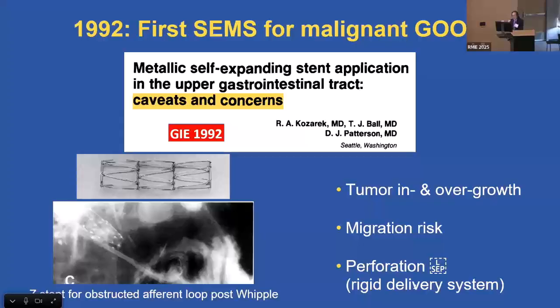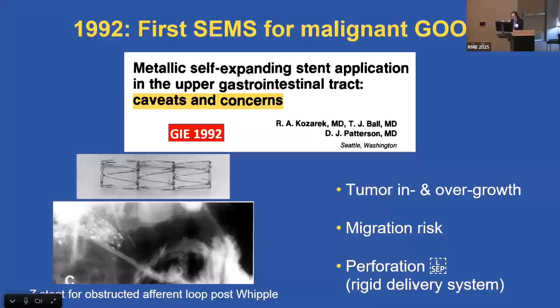As a fellow, I was able to do the first experiments in pigs, placing the Z-stent, which I constructed together with engineers at the Charles Dotter Institute at Oregon Health Science University. So this really brings back fond memories for me that the very first SEMS for malignant gastric outlet obstruction was performed by Dick Kozarek in the duodenum.